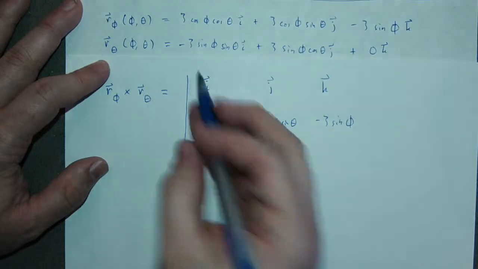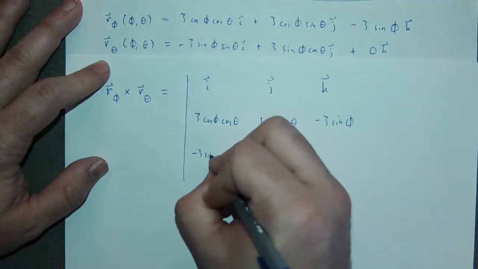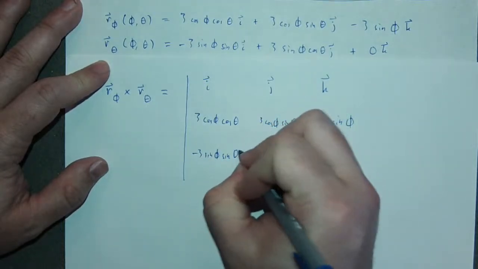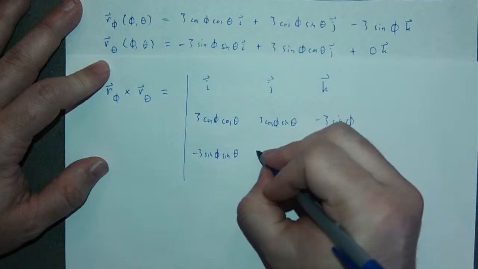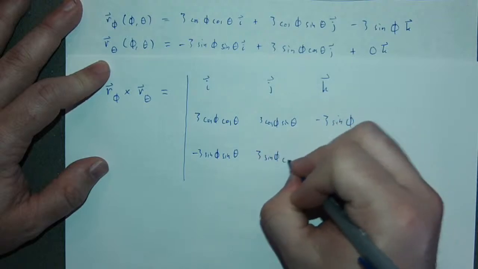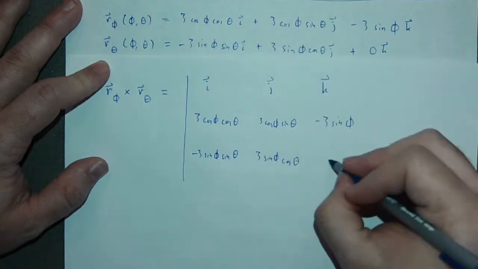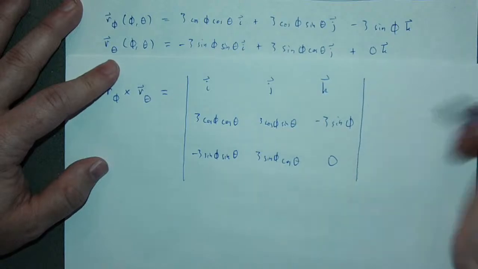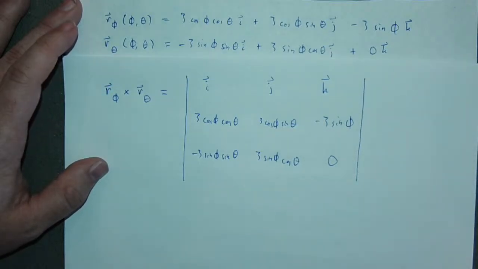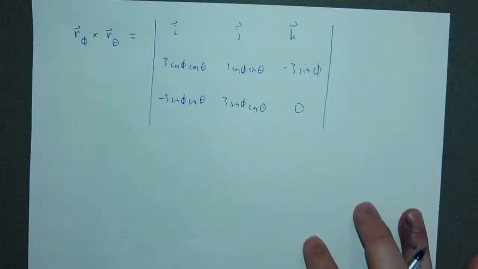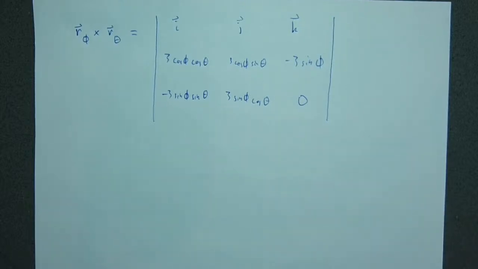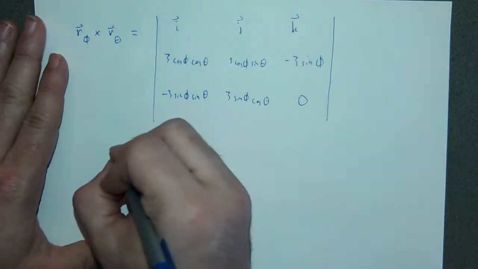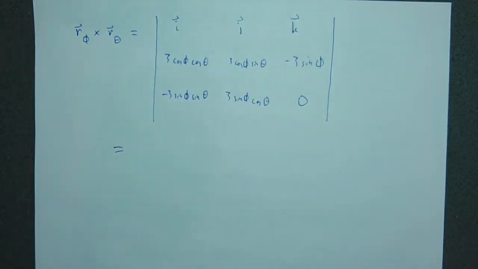And for r sub theta, this is minus 3 sine phi sine theta. In the j slot, this is 3 sine phi cosine theta. And in the k slot, this is 0. All right. So now I'm computing this cross product. Let's remember, we're treating this like a determinant. That's how we compute the cross product here.